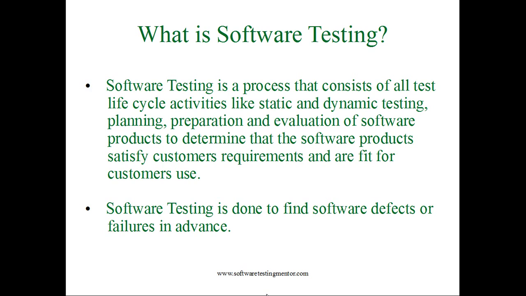You do static testing, dynamic testing, planning, and preparation, and make sure the delivered software is fit for customers' use. The other part is you find defects in advance before releasing the software to the end user, so that there are minimal chances of failure of the software in the live environment, in the production environment.